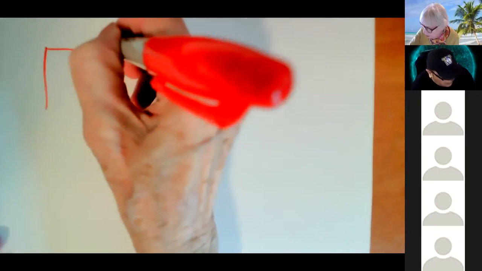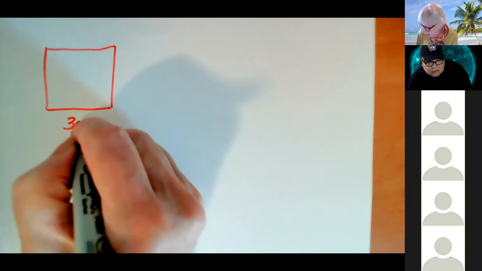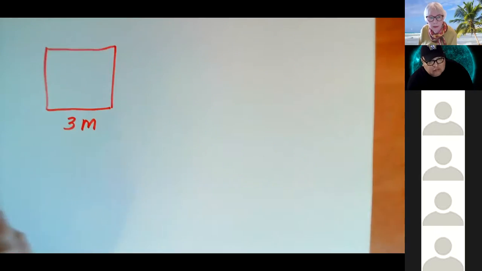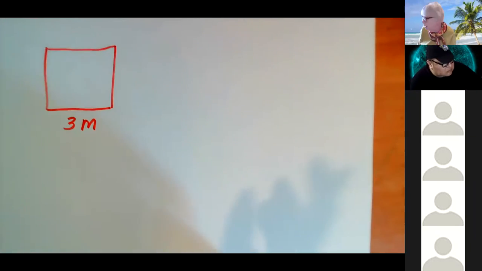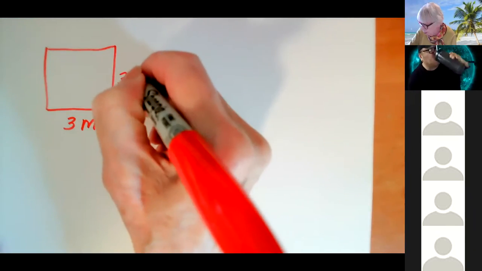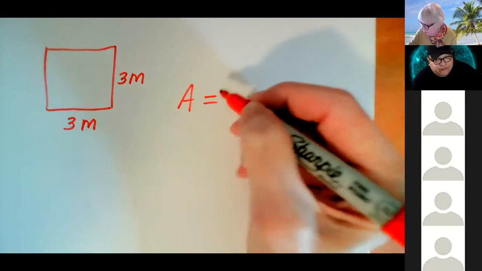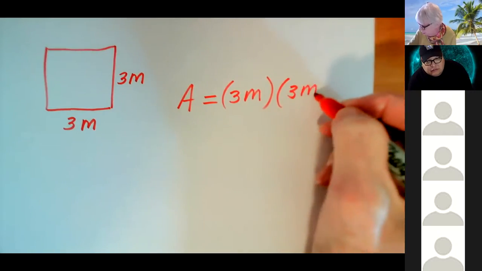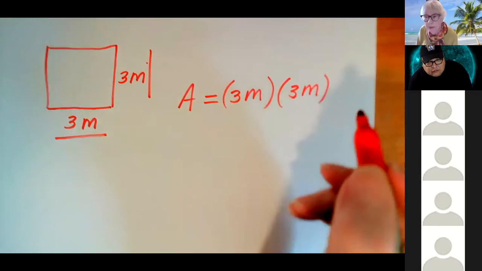If it was a square itself, let's say this was 3 meters. A meter, we haven't talked about it, but a meter is a little bit more than a yard. And so a meter is a length. Then this would be 3 meters. The area would be 3 meters multiplied by 3 meters. In other words, the length times the width. It just happens that they're the same number because it's a square.